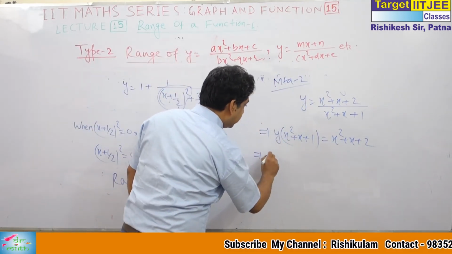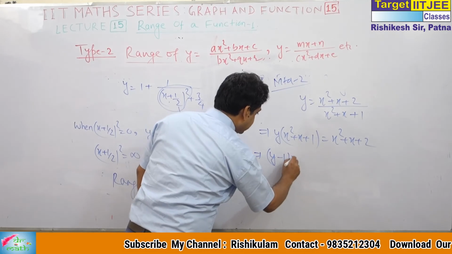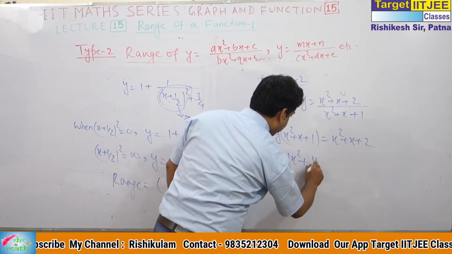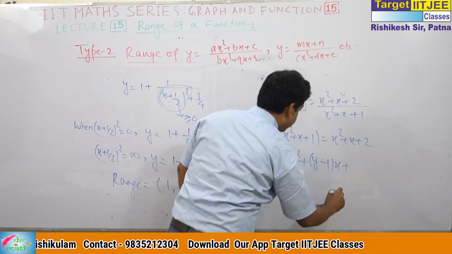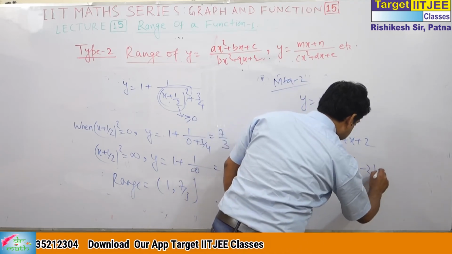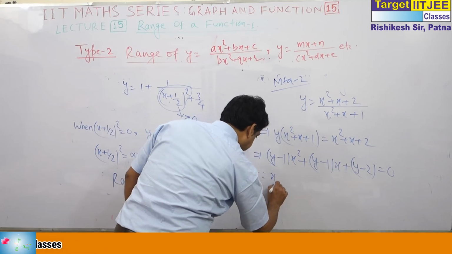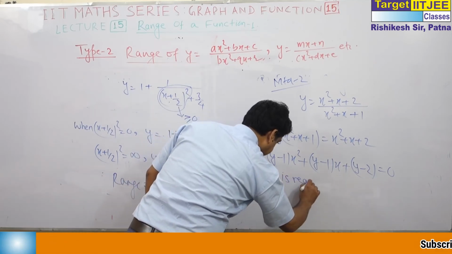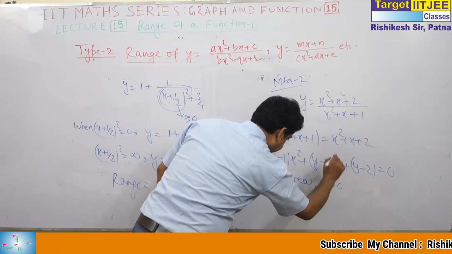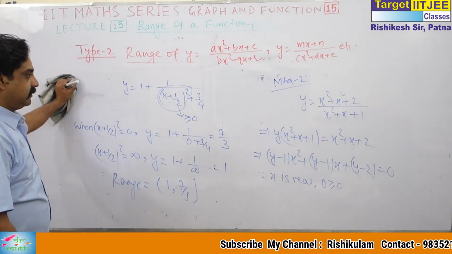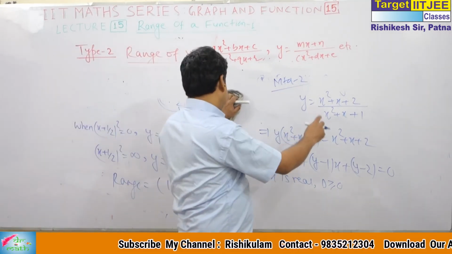So when we write, this is actually (y minus 1)x square plus (y minus 1)x plus (y minus 2) is 0. Since x is real, D is greater than or equal to 0, provided the denominator is defined.